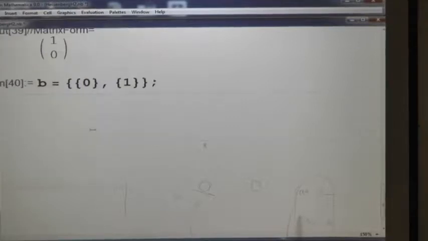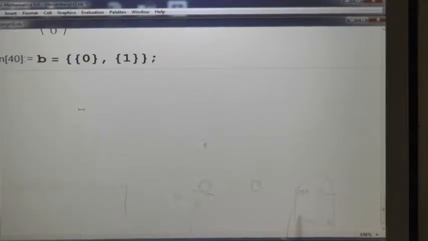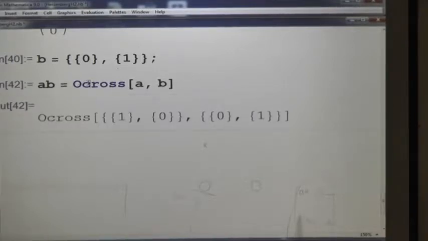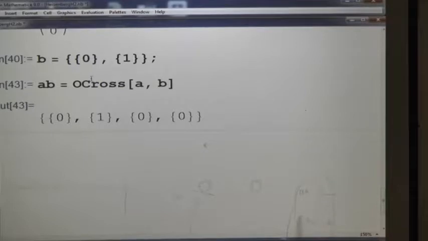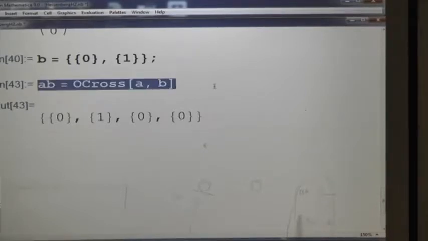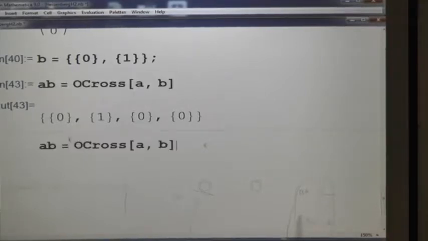Now I need to define alpha alpha, alpha beta, beta alpha, and so on. So my alpha beta, I call it AB, is the tensor product of A with B. Likewise, I can define AA, alpha alpha.